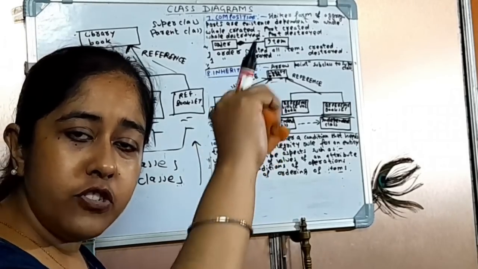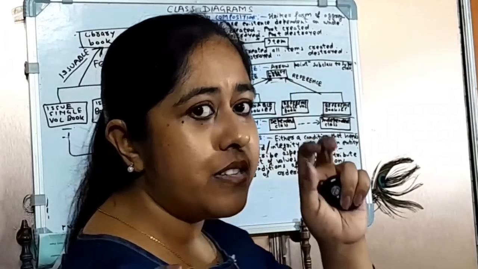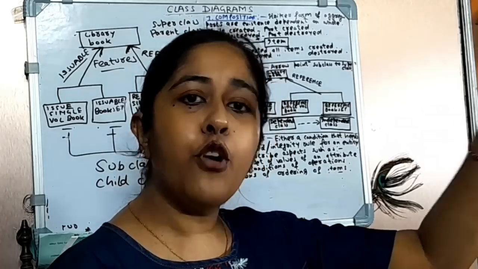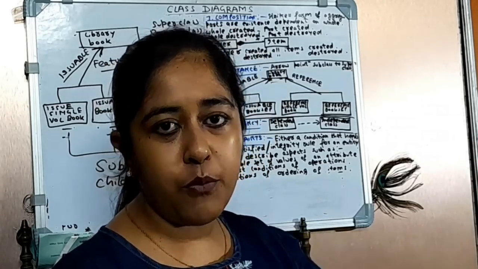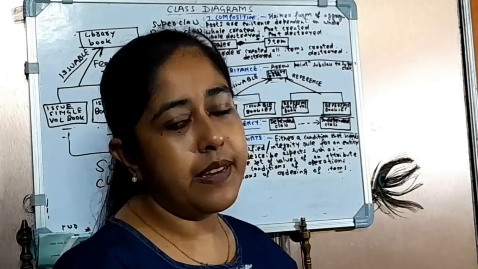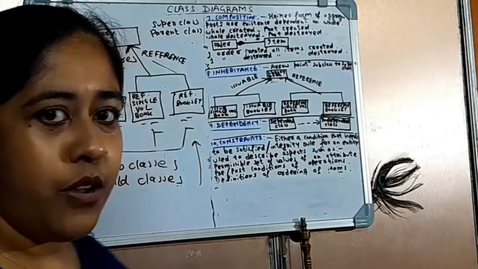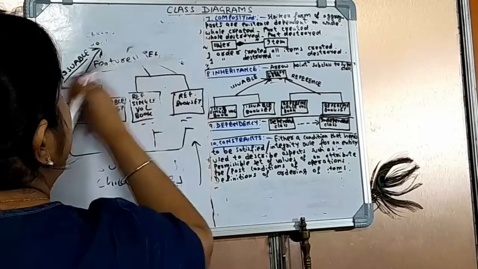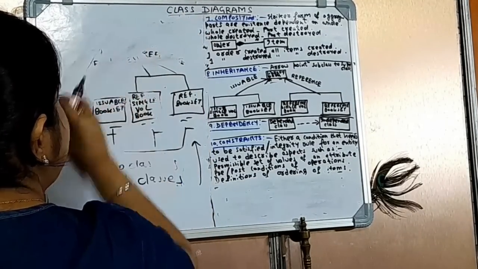The main thing to focus on here is the arrowhead. It will go from the subclass to the superclass, from the lower thing to the upper thing. So these are the details of your inheritance relation.